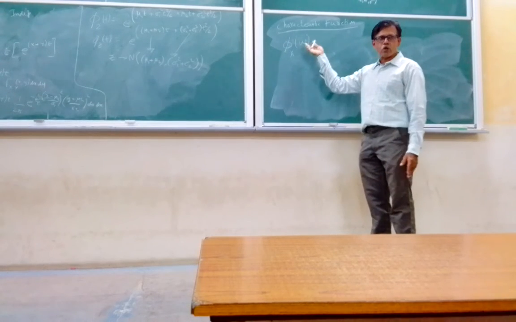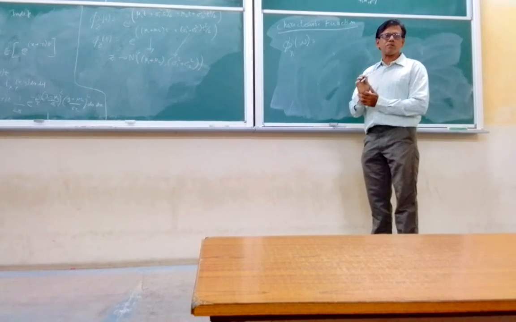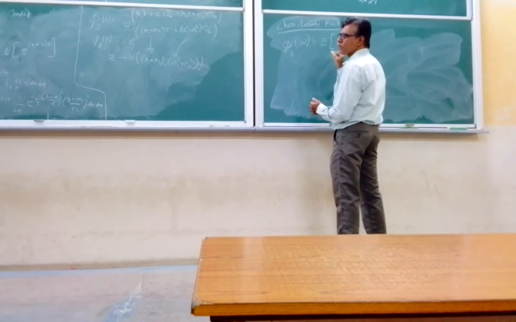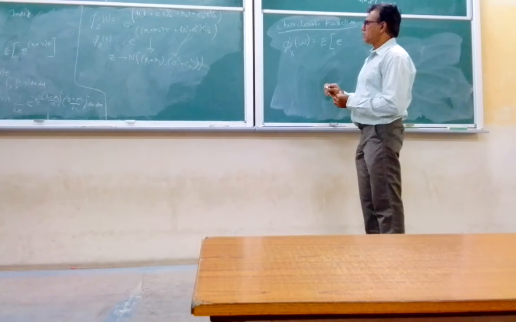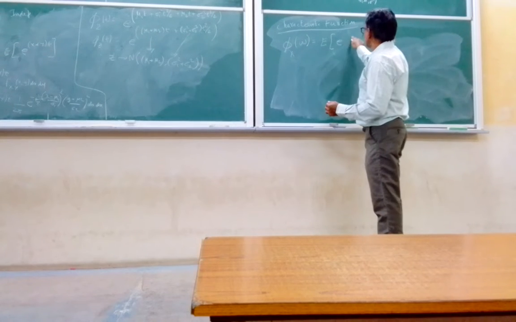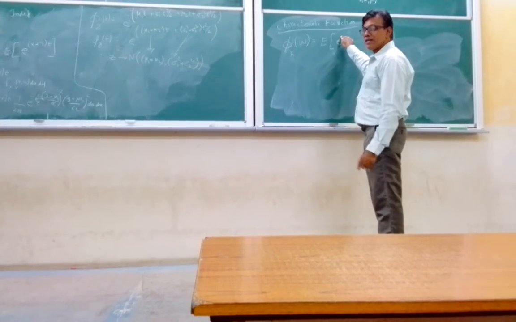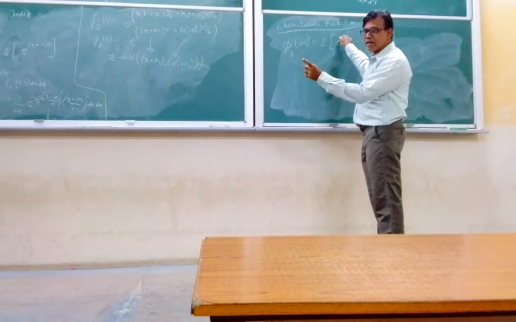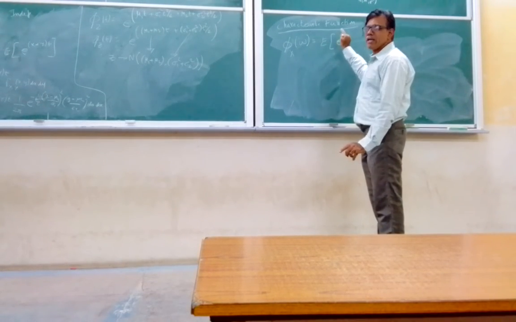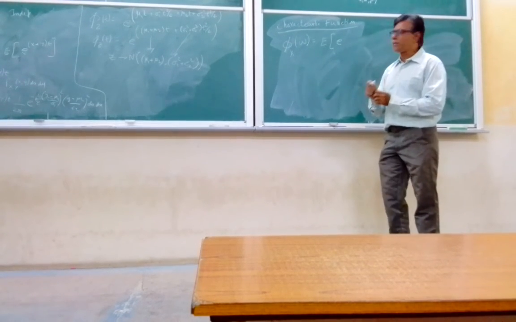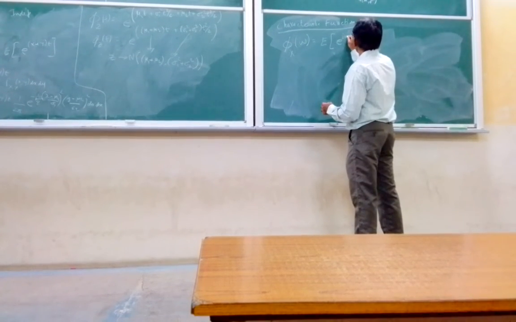Sometimes we call it i omega because it comes like that. It is nothing but the expectation of e power of the random variable X multiplied by s, the transformed variable. t was the original one, tX was there. Now t is purely imaginary and we will denote it as i omega. So it is i omega.